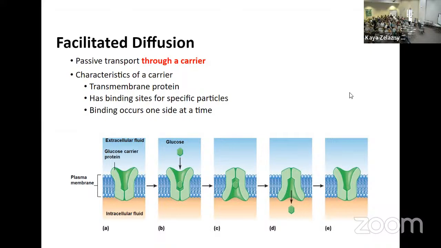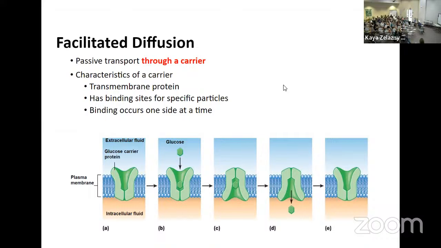Okay. So when we talk about facilitated diffusion, we're talking about things like glucose and this glucose transporter. For it to be facilitated diffusion, glucose would still be going down its chemical gradient, right? So in this example, we'd still be talking about a situation where we have high levels of glucose here in the blue region in that extracellular fluid, low levels of glucose in the intracellular fluid, right?